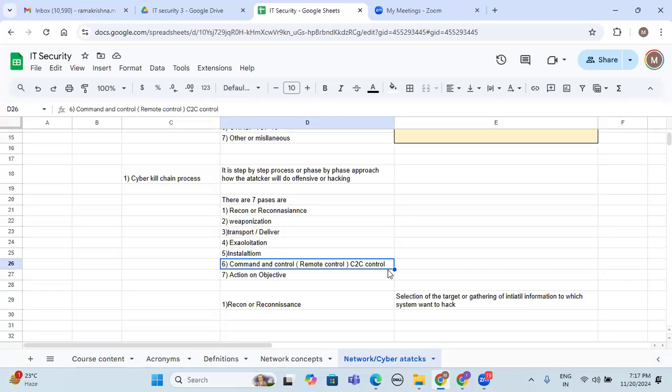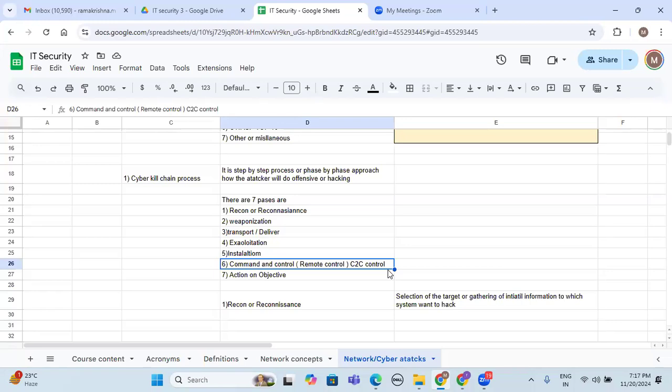Example, in the TCS company, you want to hack the TCS CEO's machine. First of all, we don't know what IP address the TCS company is using. Then how can you hack it?